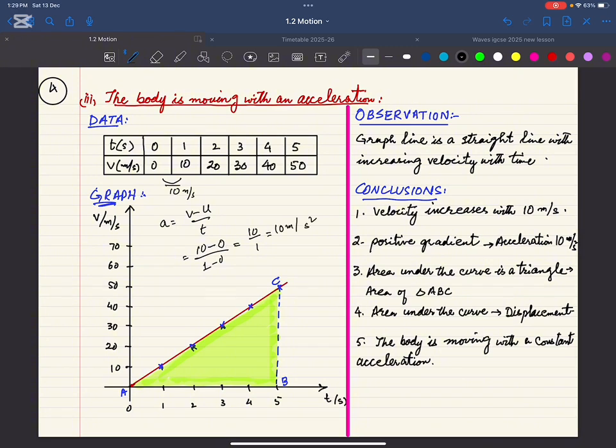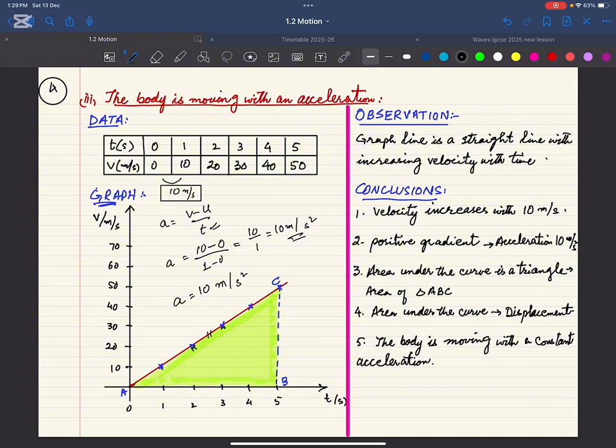Remember that this is the difference of velocity, and when you divide this difference of velocity by t, you get the value of acceleration. But one very important point to remember is that the slope of this line is always constant.